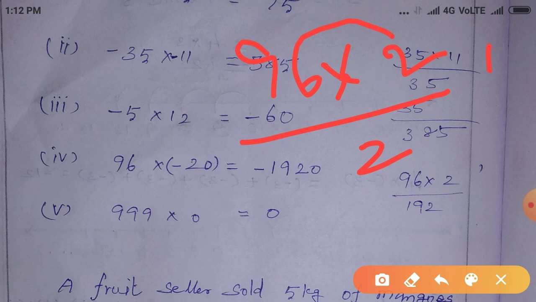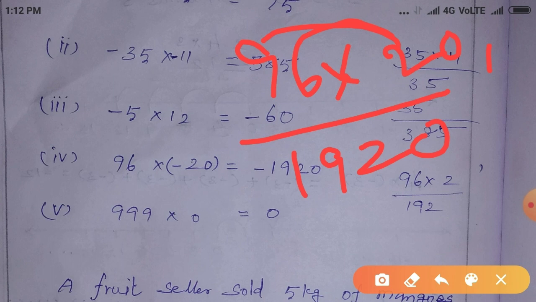Next, 2 nines are 18 plus 1 is 19. Then 0 add, 0 add. The answer is minus 1920.